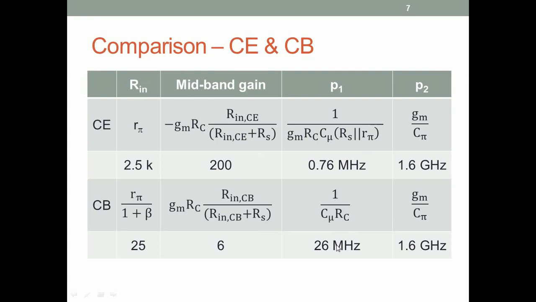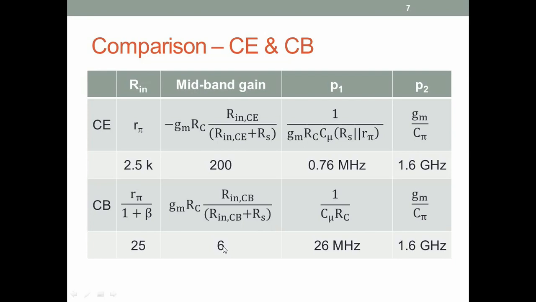In fact, not in this specific example, but suppose you were to consider the case of RS equal to say 25 ohms. If RS was 25 ohms, everything else will more or less remain the same here, and the gain will become 120.